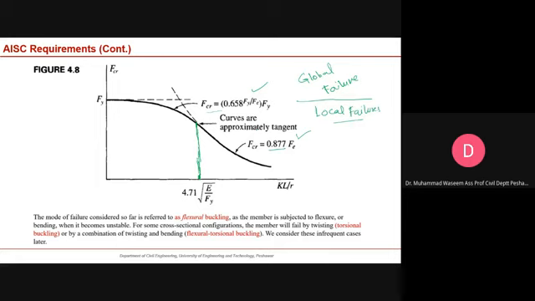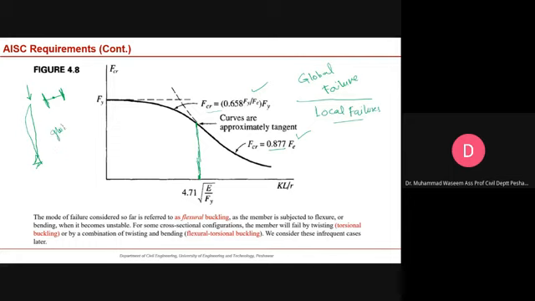For example, you have a column here, and if you apply a load and the cross section is this one, a wide flange section, there is a possibility that this can buckle and you have failure of this member. This is a global failure.